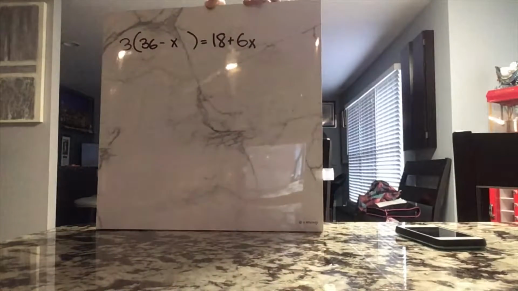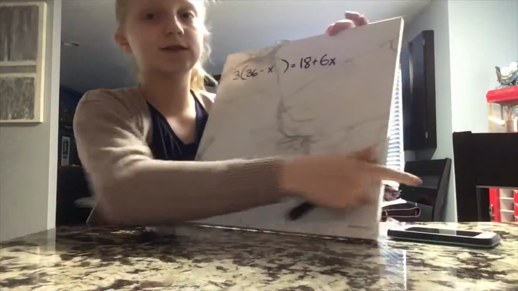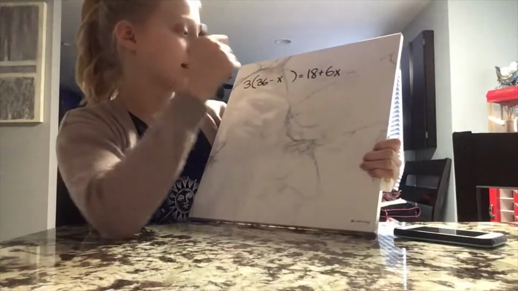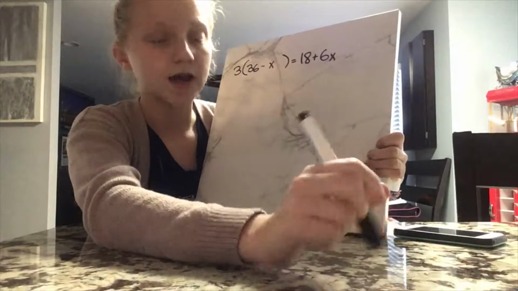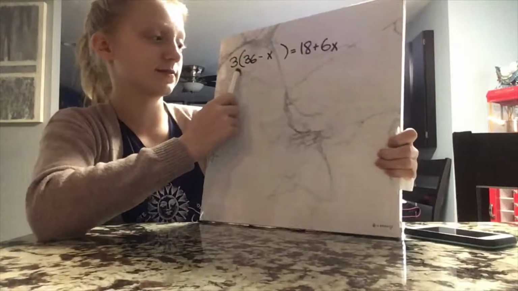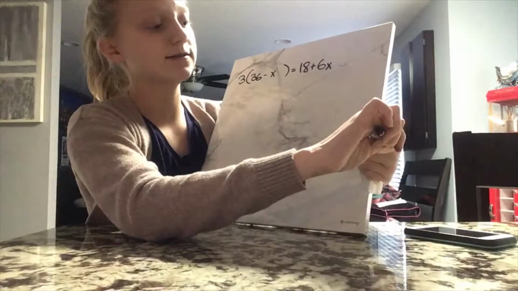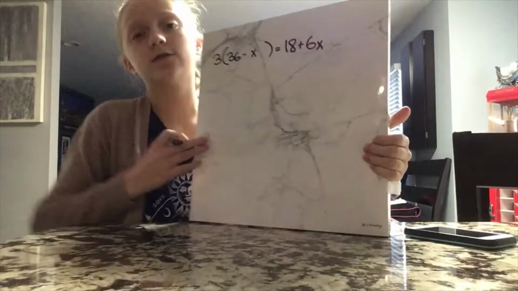Okay, so we're going to move on to more advanced, like I said. So this is the problem. And like I said in the last video, you usually get rid of the x on one side first, but instead, since there's a 3 in parentheses, what we're going to do is either distribute or divide 3 by both sides.